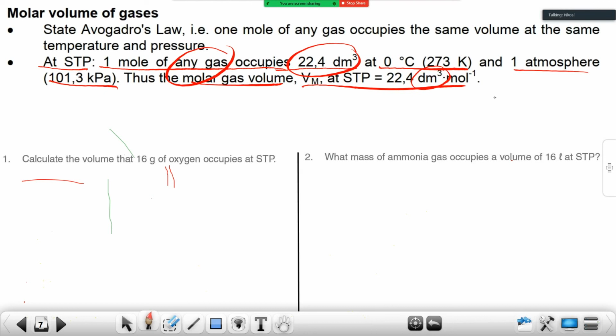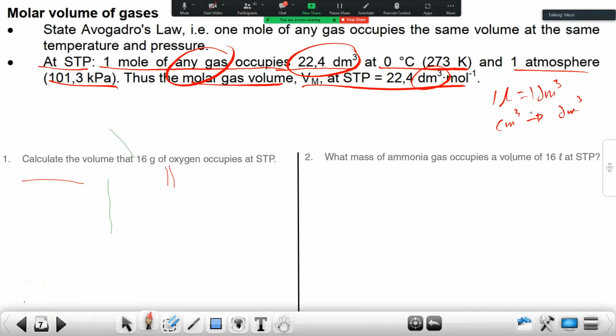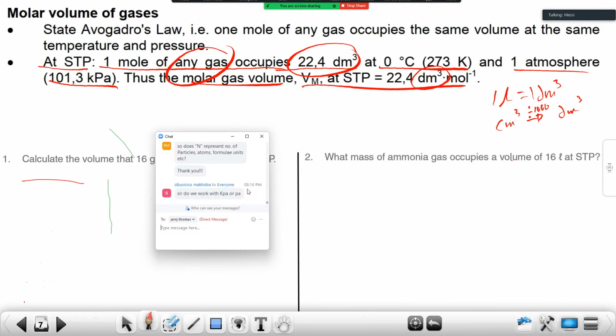I know that 1 liter is equal to 1 decimeter cubed. If I have centimeter cubed to convert to dm cubed, what must I do? I must divide by 1000. That is the key important thing that each and every one of us must follow.